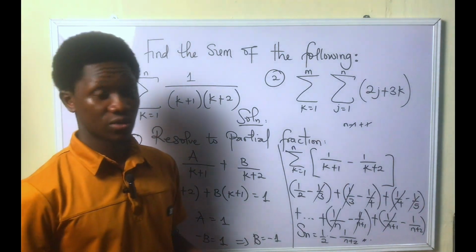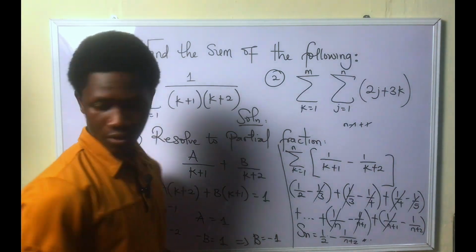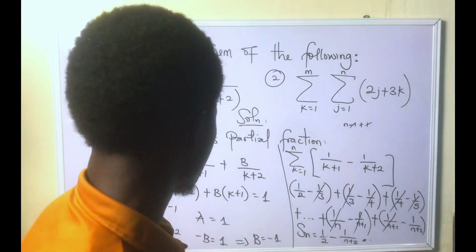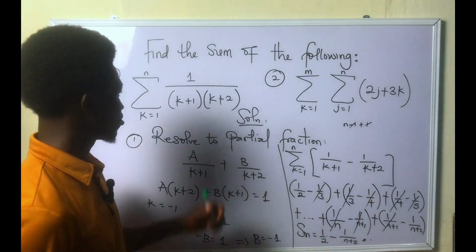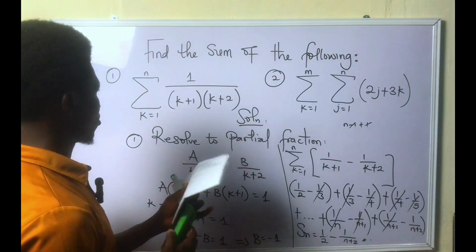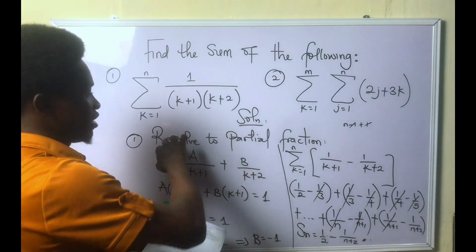And it works, because if I want to check and balance, let me see if this is correct. If I want to do the sum of the first two, that means when k is 1 and when k is 2.